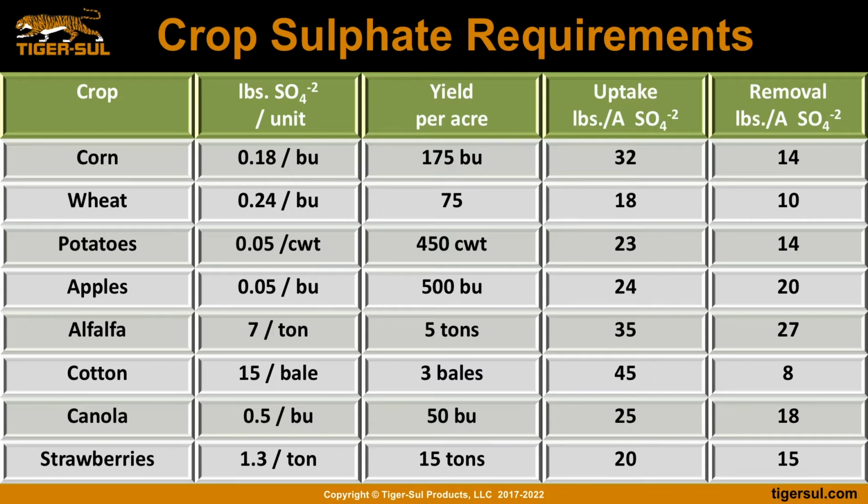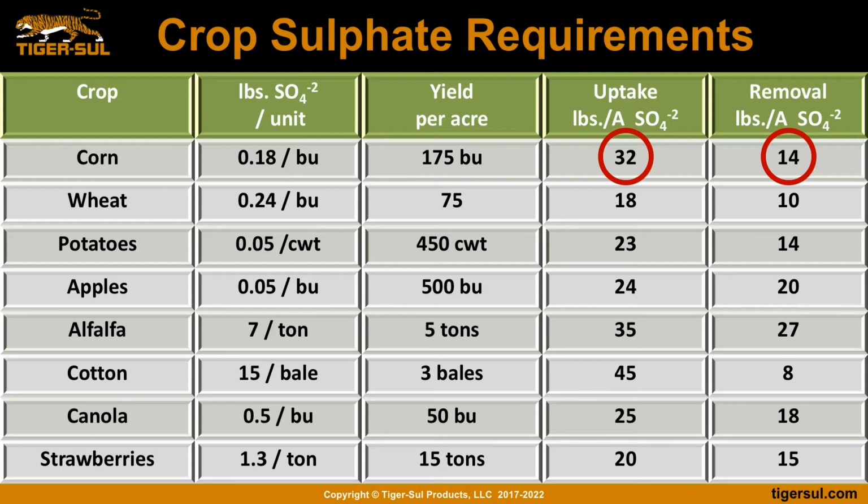For example, the corn at 0.18 pounds of sulfate required per bushel, and with a yield of 175 bushel, we have an uptake demand of 32 pounds of sulfate per acre, whereas at harvest time we're only removing 14 pounds per acre.